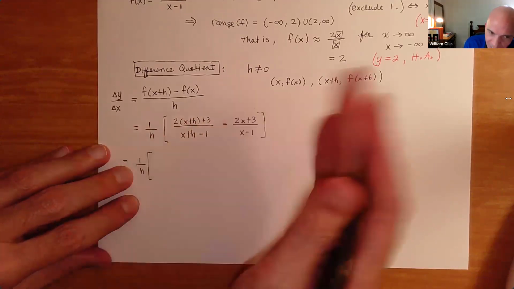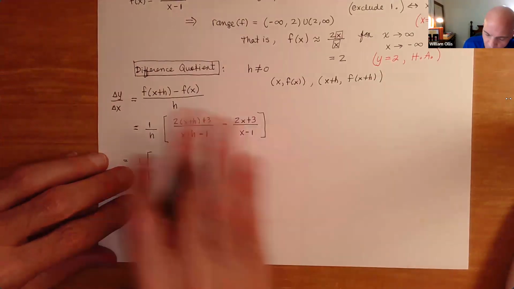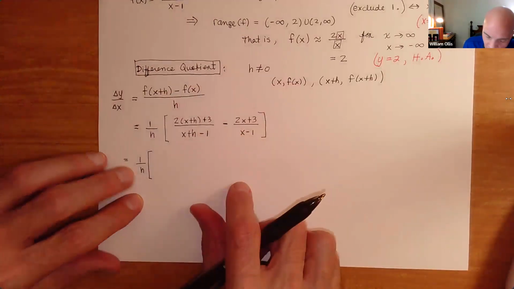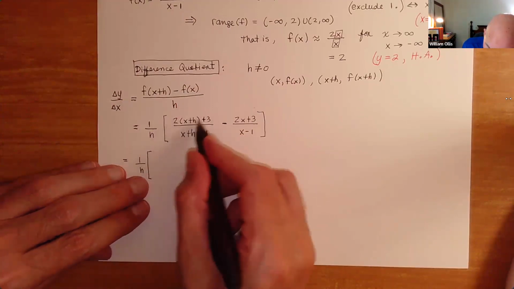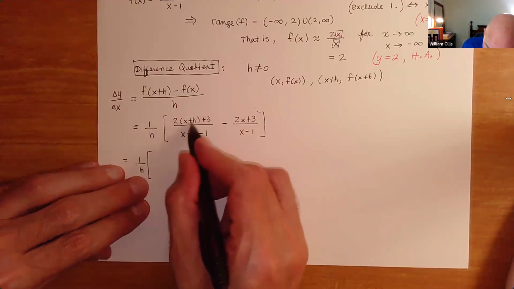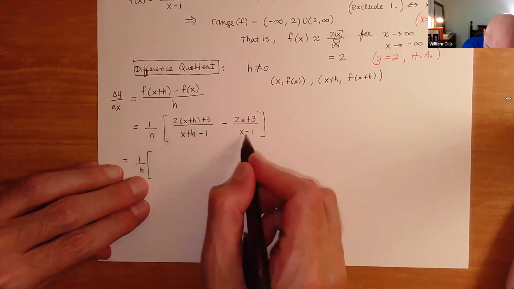Just leave the 1 over h to the left, get it out of the way. It would just be in the way otherwise and just cause us a lot of grief. So now, if you will, you can look at this and keep it just like it is when you multiply.